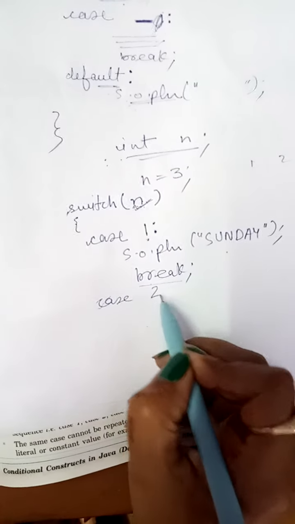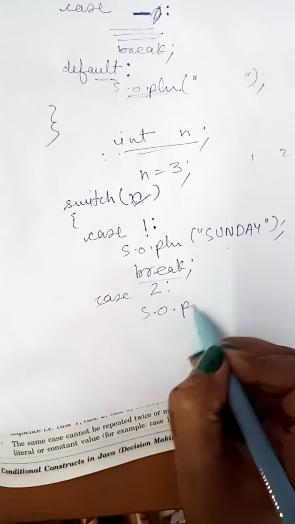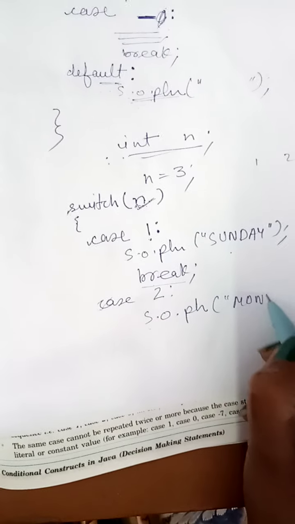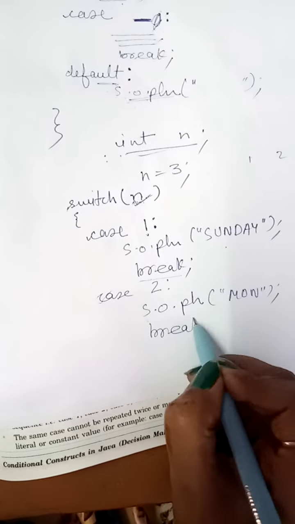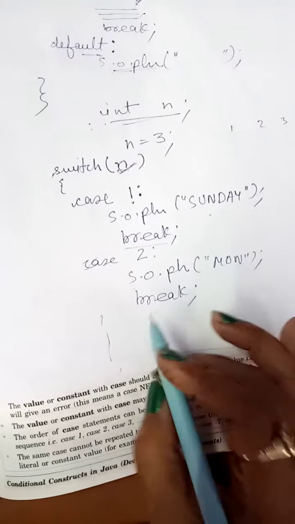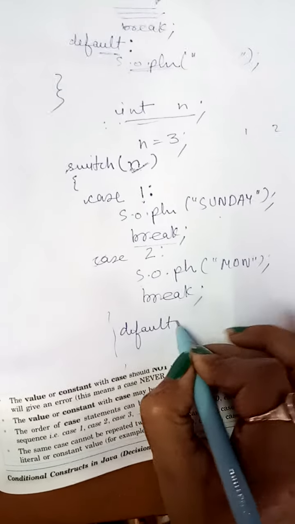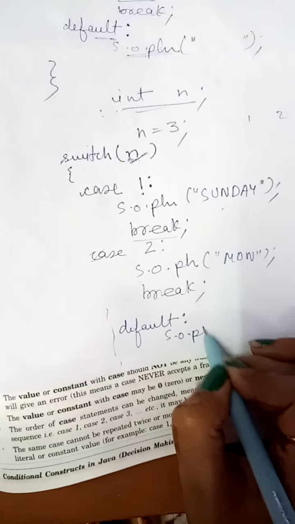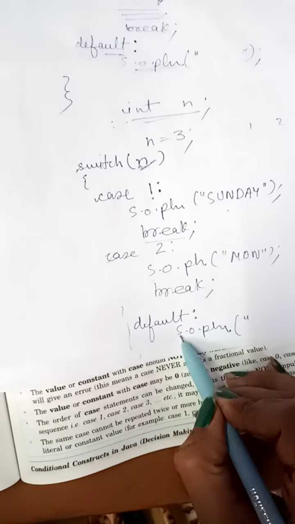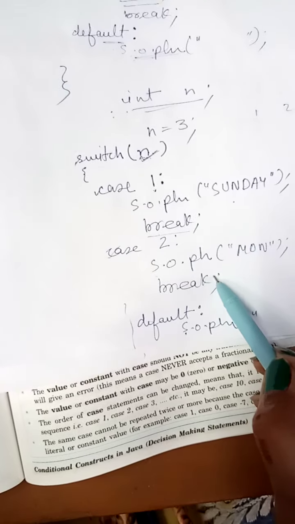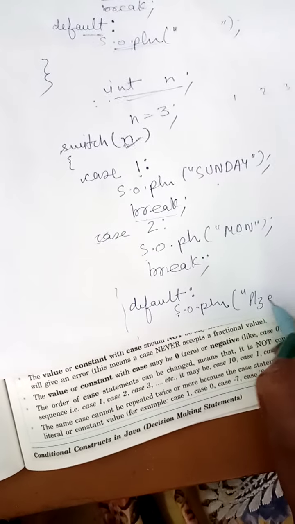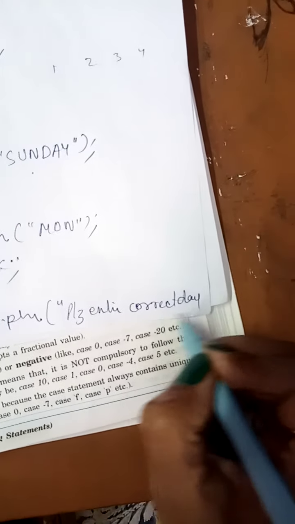Then case 2: if the value of n is 2, you print Monday, then break, and so on. At the last you write default colon. What should we write? This will get executed if none of the cases matches, meaning the user has entered a wrong number, not between 1 and 7. So in that case we write "please enter correct day number". That's it.